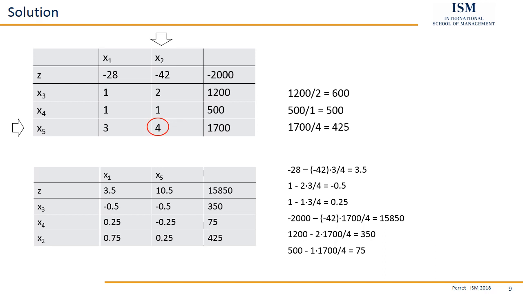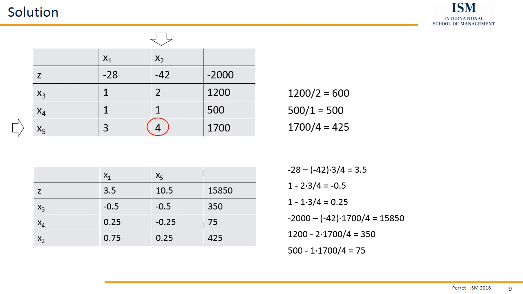So far for the first question, we've been asked which combination to produce. However, we were also asked about what will be our overall profits. And that's where the right-hand side value of the objective function comes into play. Here the 15,850.